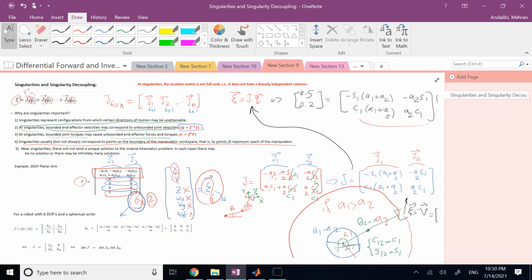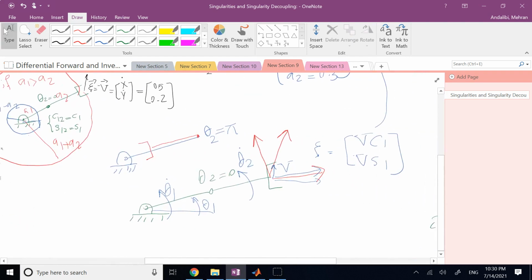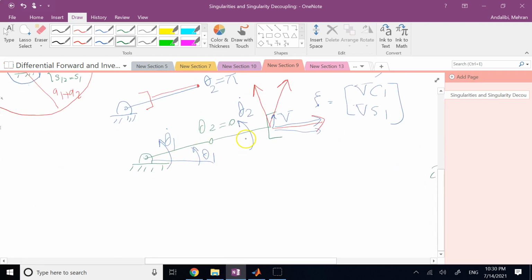And then it says there is no unique solution to the inverse kinematics problem. In such case, there may be no solution or infinitely many solutions. And again, that's very clear if you look at this example again. So if I give you this robot completely extended, I don't know my theta 1, but I know my theta 2 is 0.